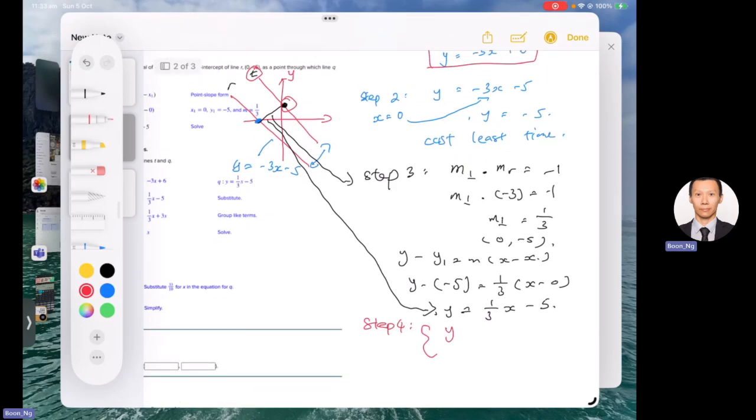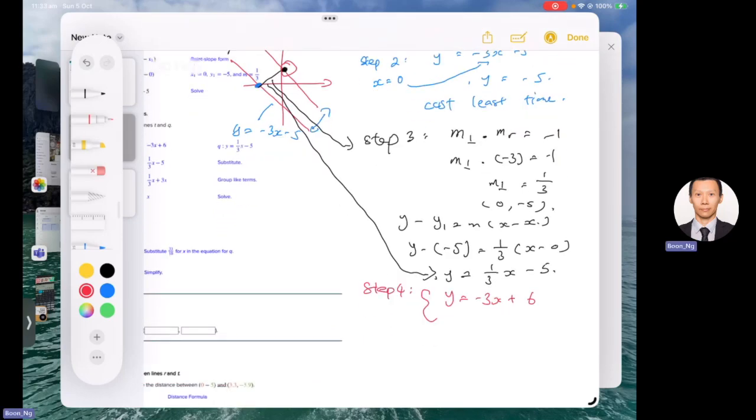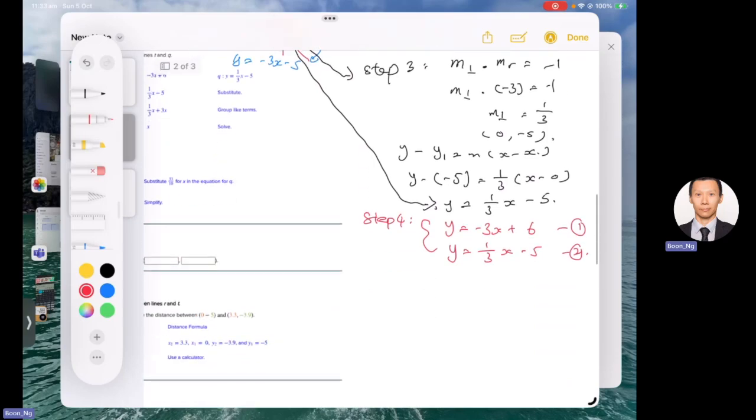Equation number 1 is y equals -3x plus 6. Equation number 2 is y equals 1/3x minus 5. Set equation 1 equal to equation 2.